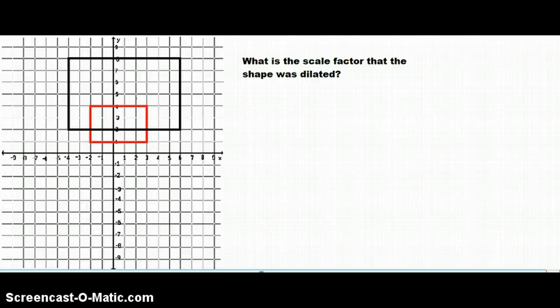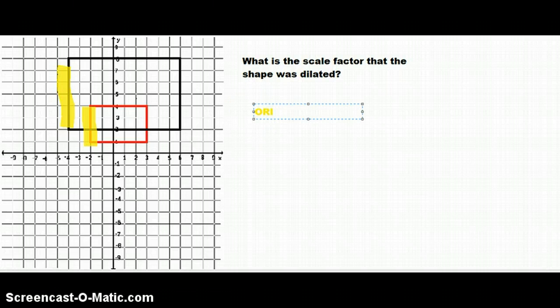We're going to say that the red shape is the original shape and the black shape was dilated. This is pretty simple. All you do is count the length of one of the sides. So we'll count this side over here, which corresponds to this side on the bigger shape. The small shape has a height of 3.